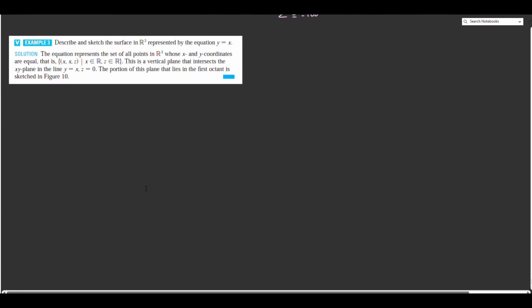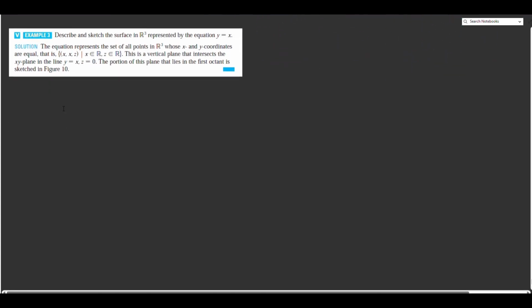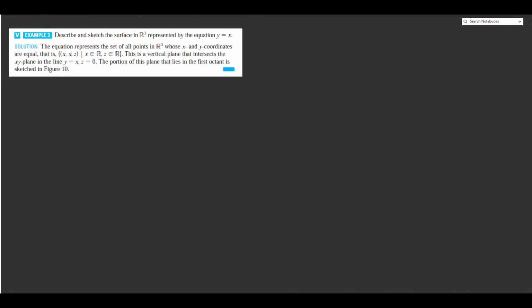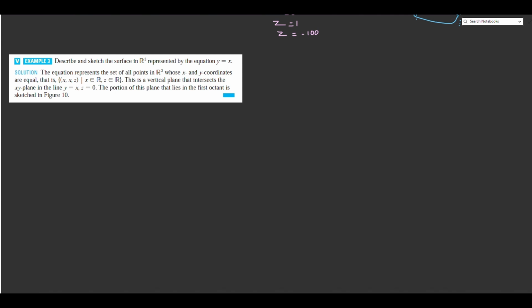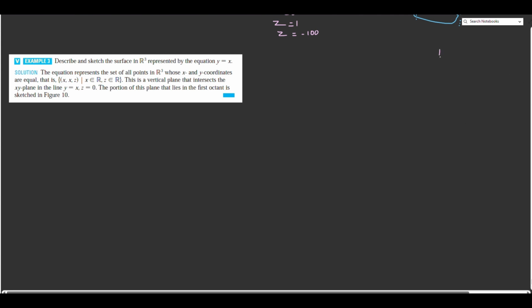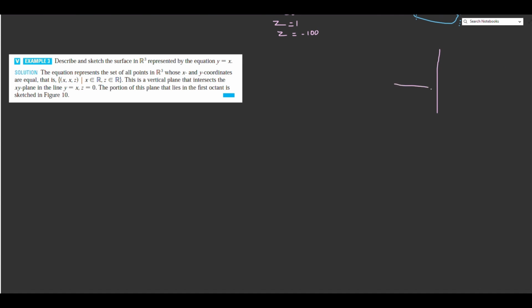So let's do this example number 3. Describe and sketch the surface in R cube represented by the equation y equals x. Before I describe this in R cube, let's consider this equation in the 2D plane, in the xy plane.